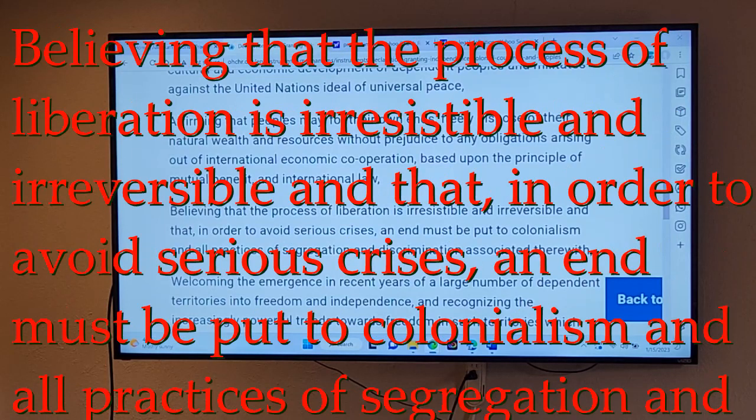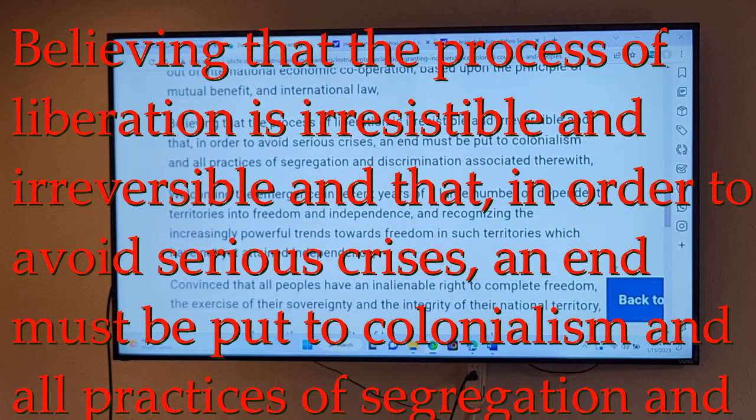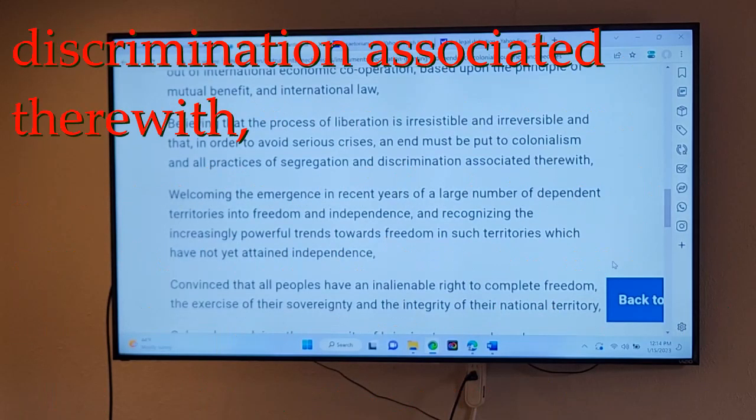Believing that the process of liberation is irresistible and irreversible, and that in order to avoid serious crisis, an end must be put to colonialism and all practices of segregation and discrimination associated therewith.